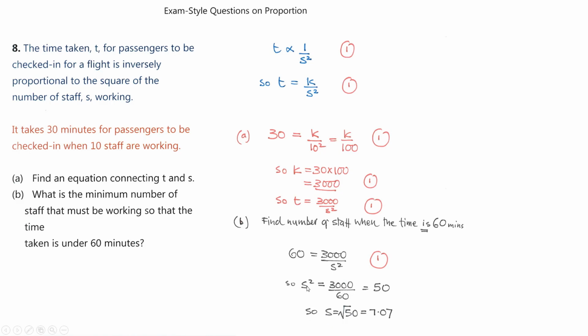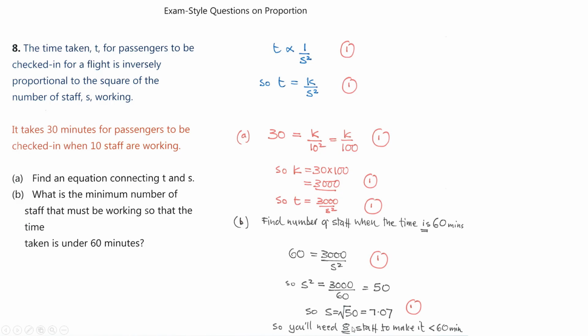So, if S squared is 50, then S will be the square root of 50, which is 7.07. Now obviously you can't have 7.07 people. That's the number of people though, if you wanted it in exactly 60 minutes. So if you want less than 60, it's going to have to be more than 7.